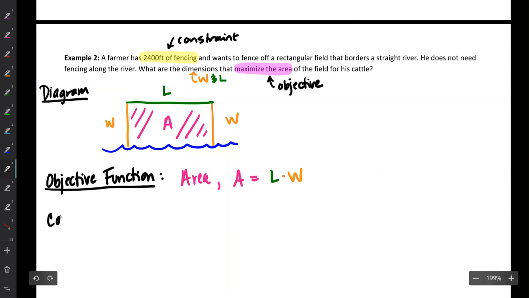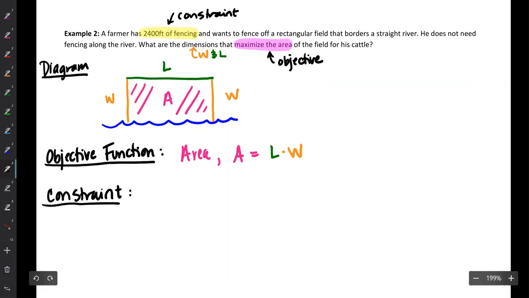The constraint is this amount of fencing. So how much fencing does he need to use up? That's a perimeter question. Because he doesn't need fencing along the river, we just need a W plus an L plus a W. That has to add up to 2,400 feet of fencing.